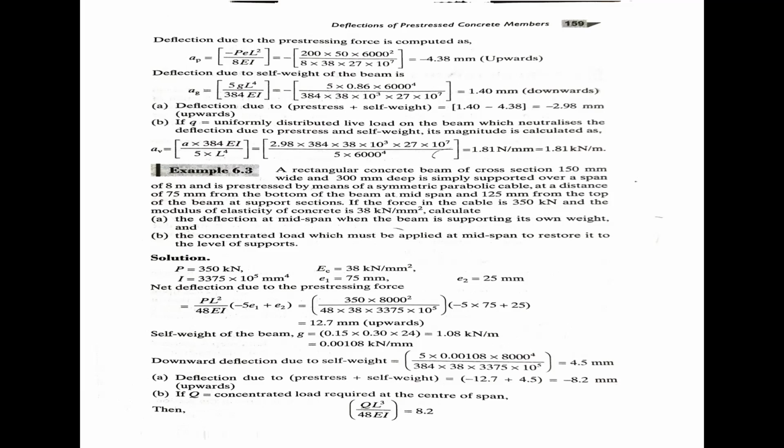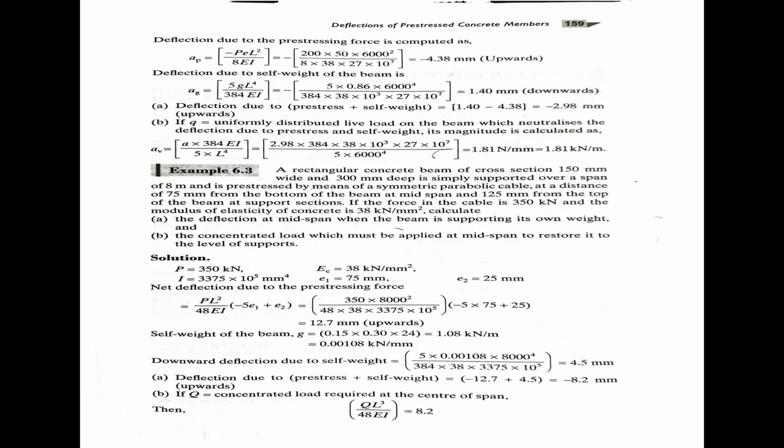Eccentricity is also given in this problem. Have to take in this problem support, meaning e2 at the support and e1 the central eccentricity. E2 is the support.